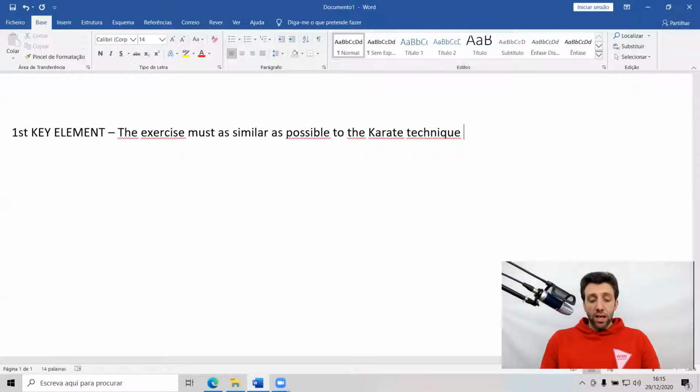So if I can add the proper load to develop a certain skill, a certain type of strength that is really relevant to my athlete, I have to do it.